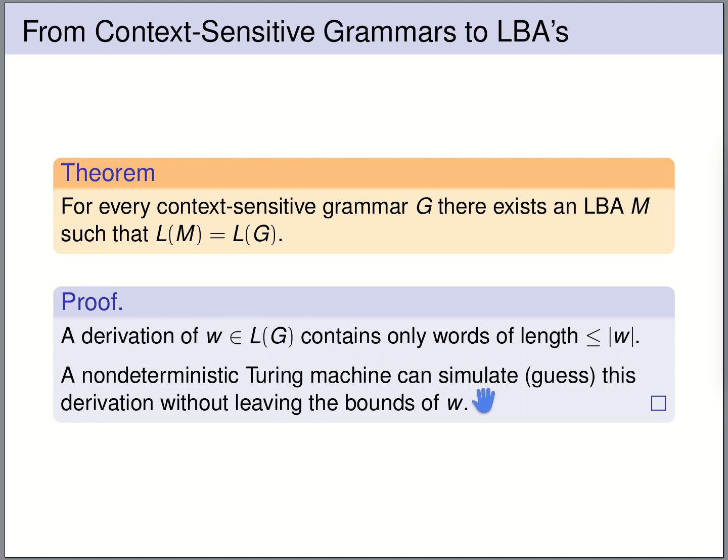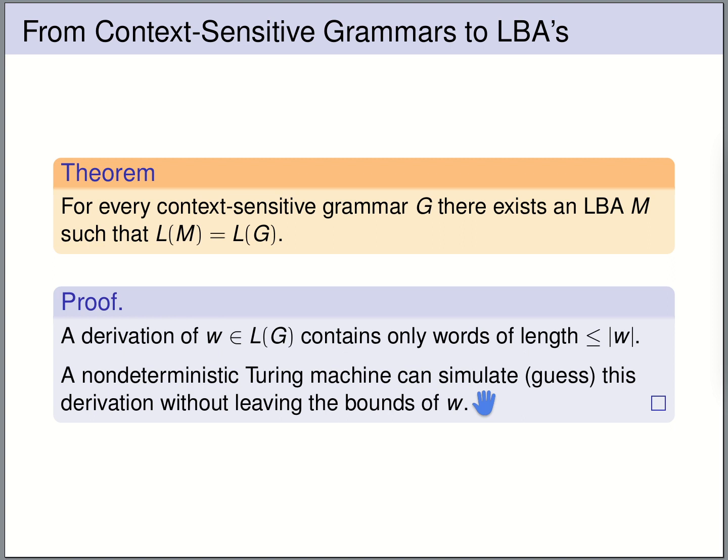So now if we give w as an input to a linear bounded automaton, and our linear bounded automaton wants to determine whether this word is derivable by the grammar, then our linear bounded automaton is a non-deterministic Turing machine, so we can guess a derivation of w.